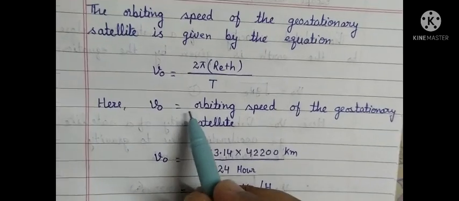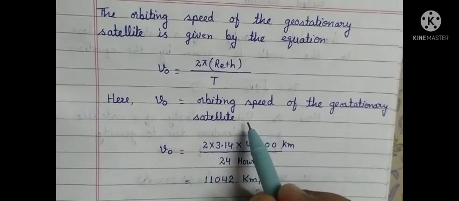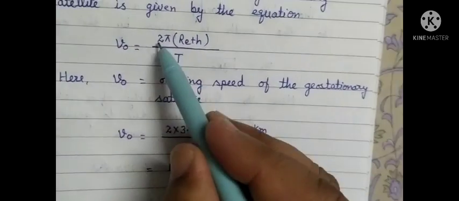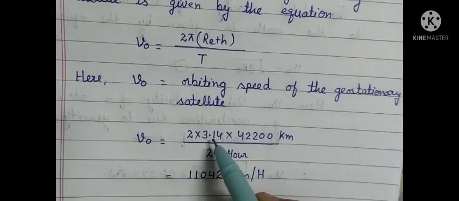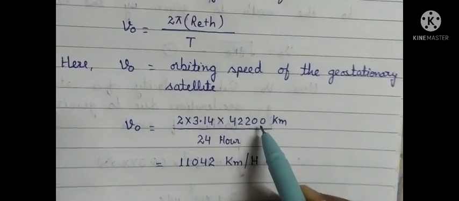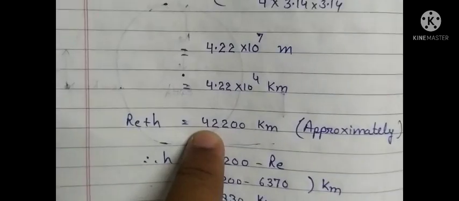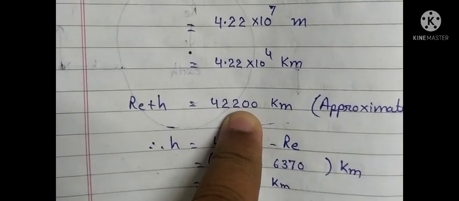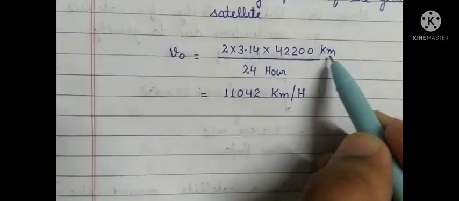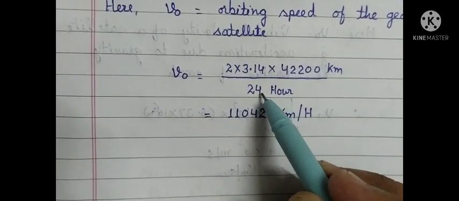Here V naught is the orbiting speed of the geostationary satellite. Using all these values, 2 pi is 3.14, RE plus H I have taken equal to 42,200 kilometer, and time period is 24 hours.